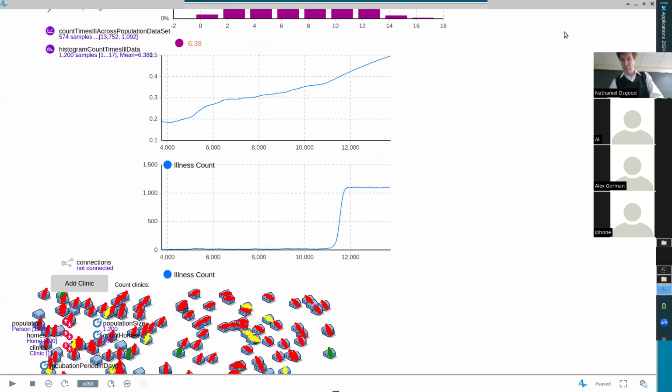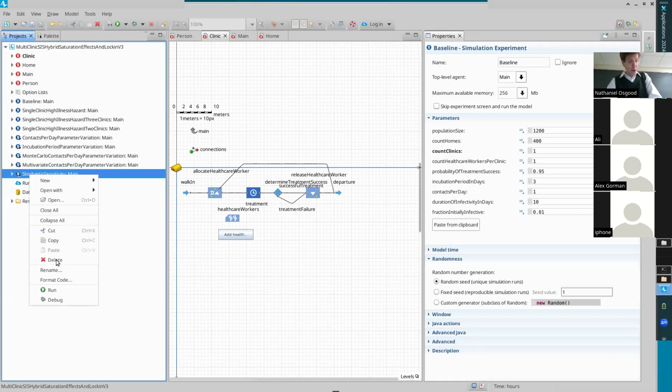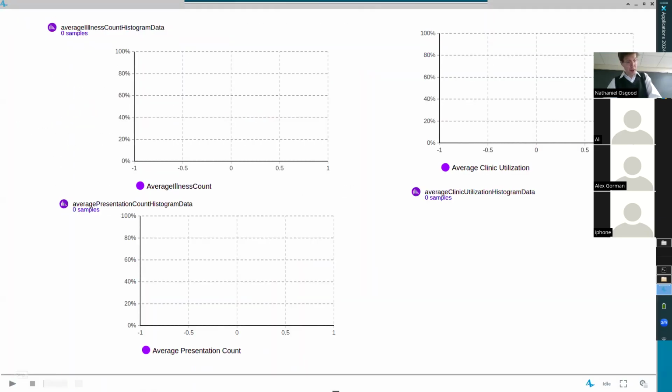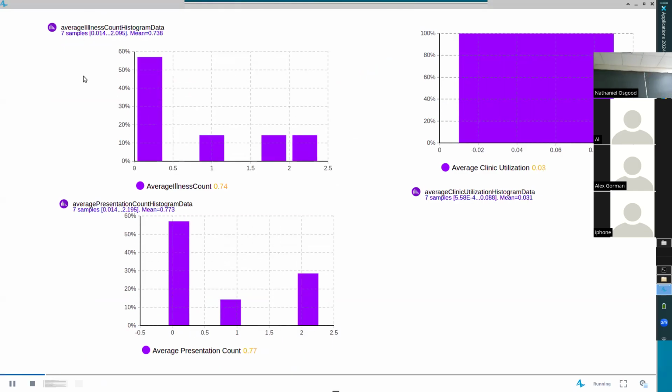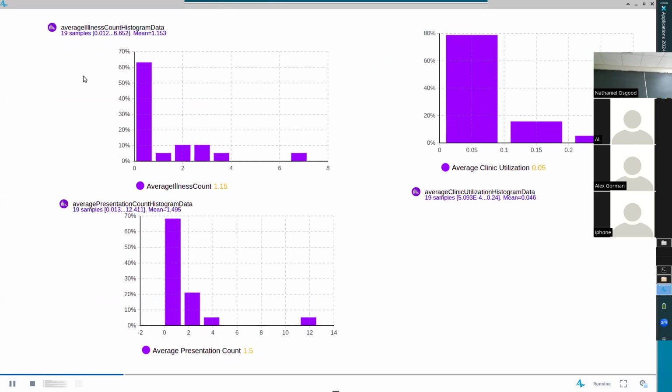We talked about it from a lock-in perspective earlier, and that's valuable. But first, we're going to look at the stochastic sensitivity analysis. Stochastic sensitivity analysis involves running a large number of runs, called an ensemble of runs, a big collection of runs, running it many, many times.